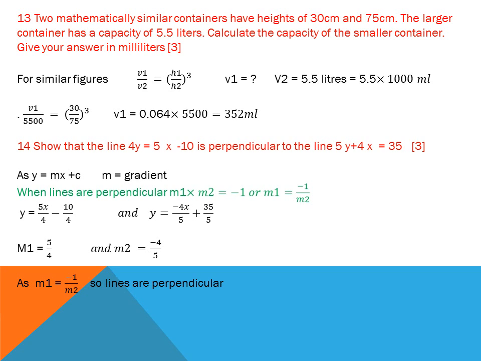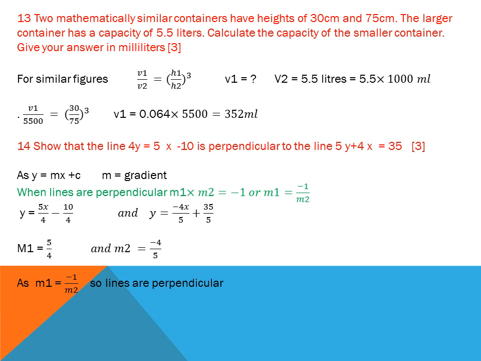So y is equal to 5x over 4 minus 10 over 4, because y = mx + c is the major formula for finding the equation of a straight line. In 5x over 4 minus 10 over 4, the coefficient 5 over 4 is the gradient, because y is equal to mx + c.